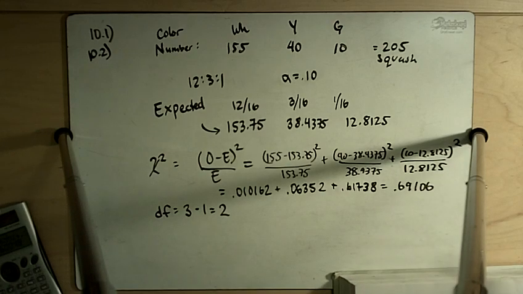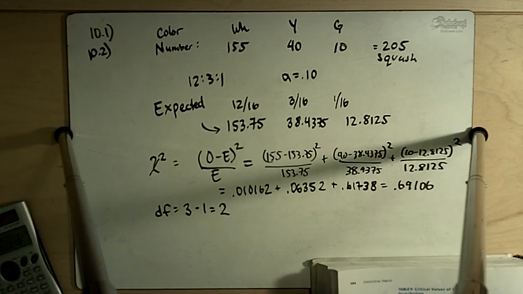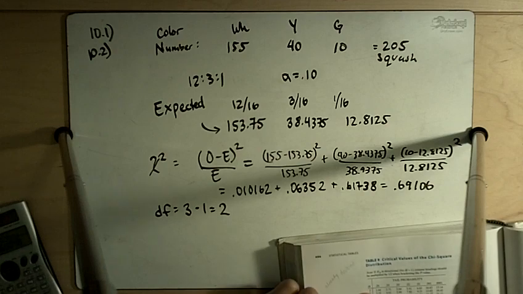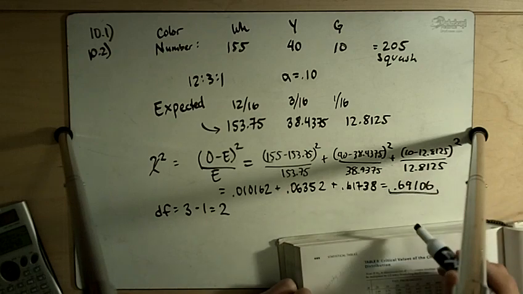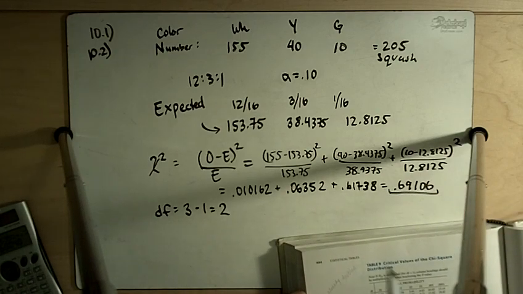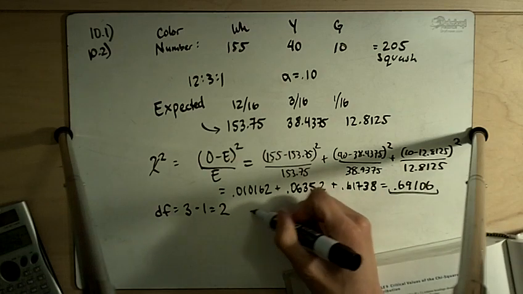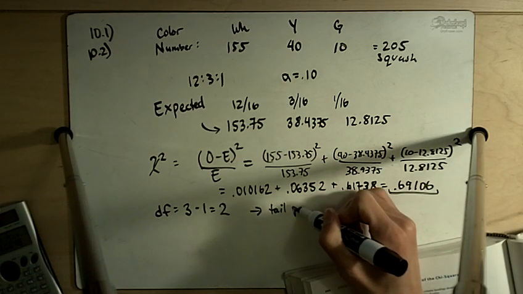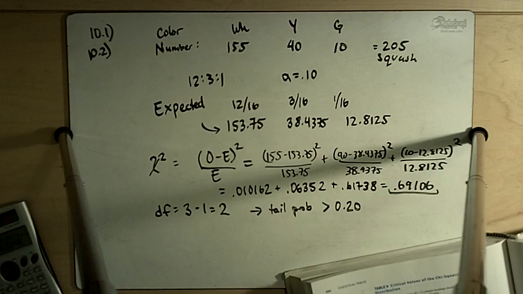We look up 2 degrees of freedom in our chi-squared table, and we see that at 2 degrees of freedom and a chi-squared statistic of 0.69106, our tail probability is going to be greater than 20%.